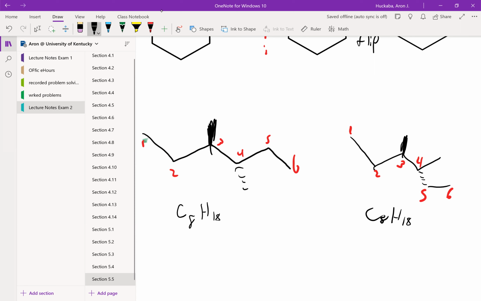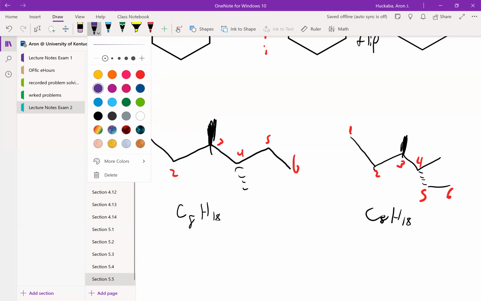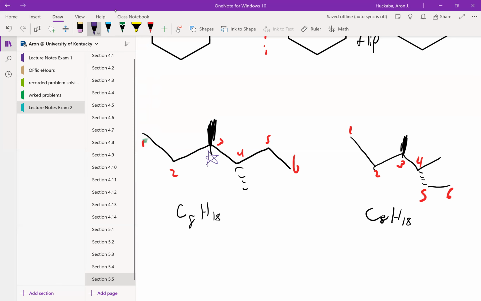isomers. All right, so what we need to do in this case is find the relative configuration in CIP format of both of these chiral carbons. And hopefully you see when I say both that I mean this carbon and this carbon in both cases, the carbon 3 and carbon 4.